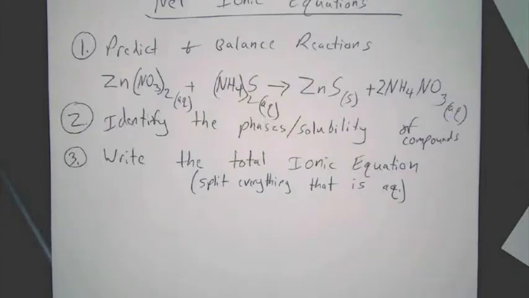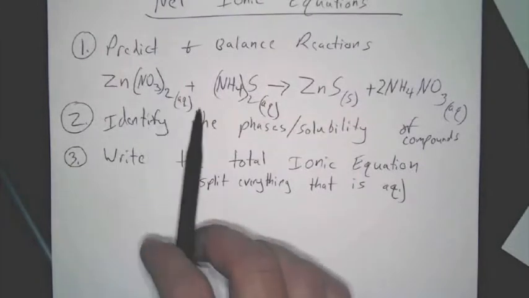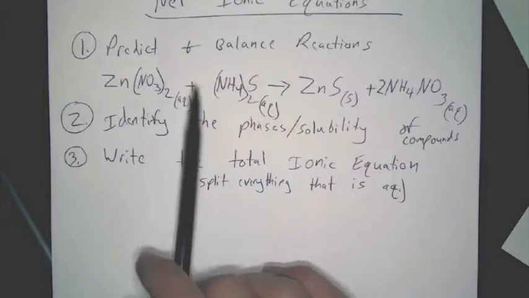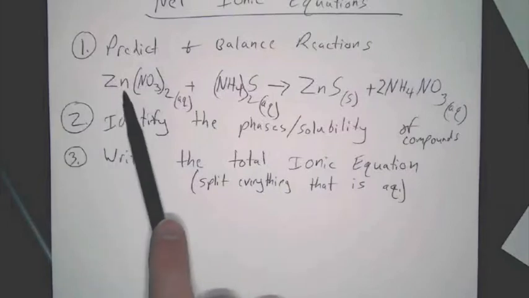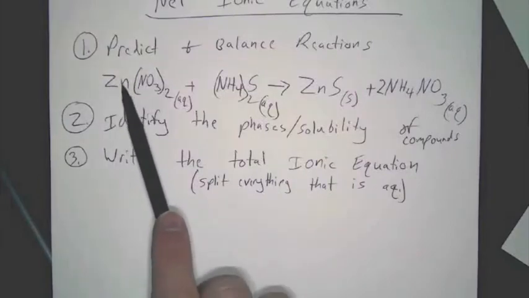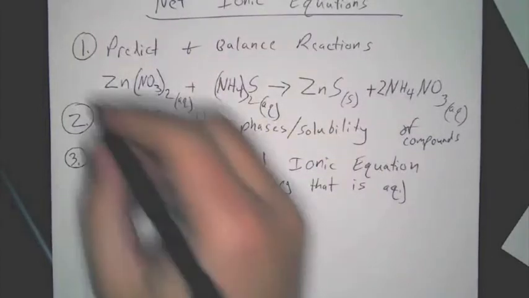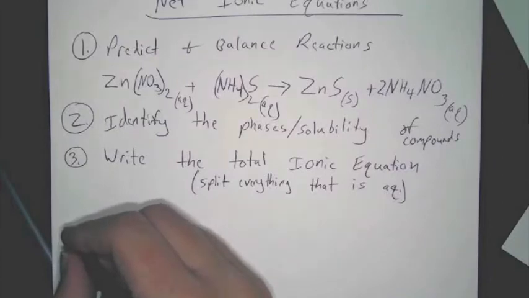So, let's look at zinc nitrate. Is it aqueous? Yes, it is aqueous. So what you need to do then, you need to say, okay, we've got zinc, we've got nitrate, it's aqueous. Here's what you do. You take your zinc, and you're going to want to start at the far left, and you're going to use up the whole line.